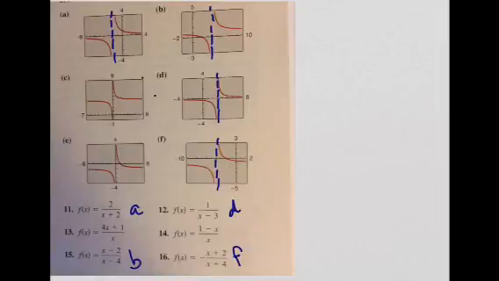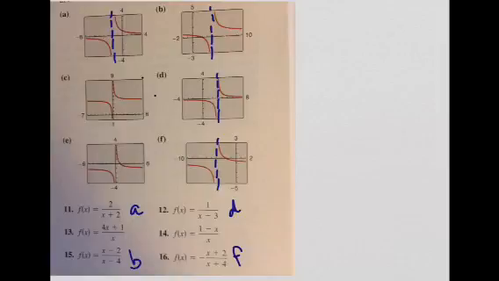Now, in order to determine 13 and 14, you could plug in values of x to see which matches which, like, does C go with 13 or with 14 and so forth. But remember, there's something else that we talked about today in class, the horizontal asymptote. And for that, notice that both 13 and 14 have the same degree in the numerator and denominator.